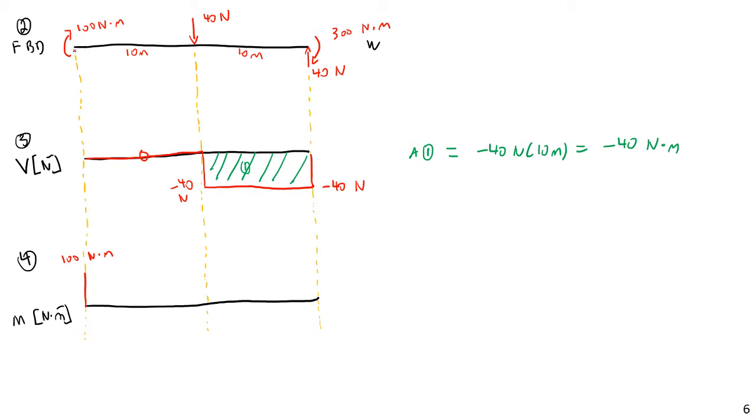And then looking at this from here to here, I have no applied couples. And normally that doesn't prevent us from having a change in the moment because normally you have some sort of shear. But looking at this, I have no shear from the free end to the midspan.